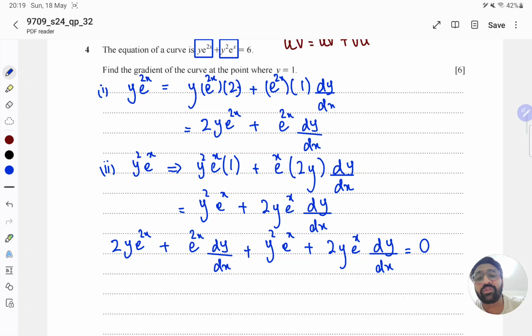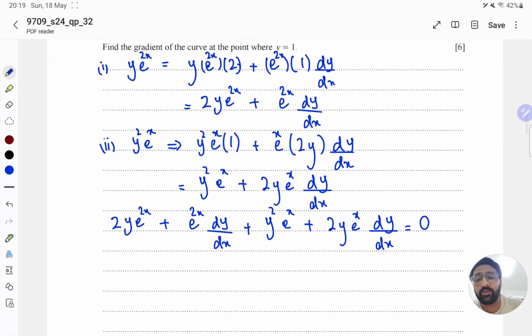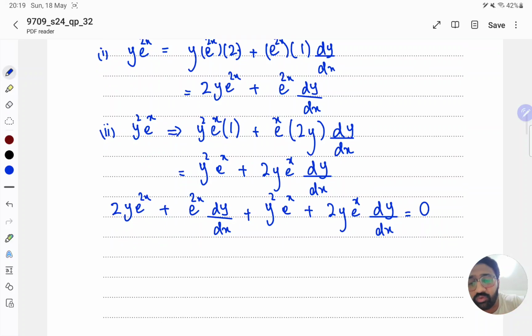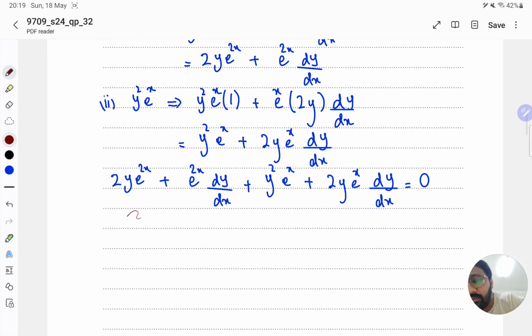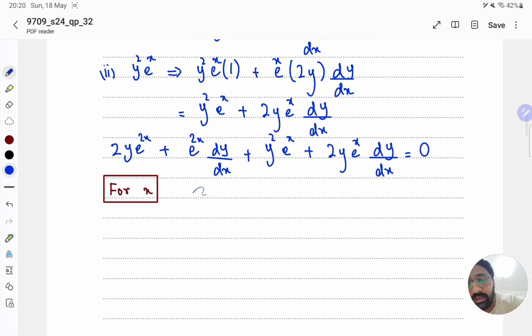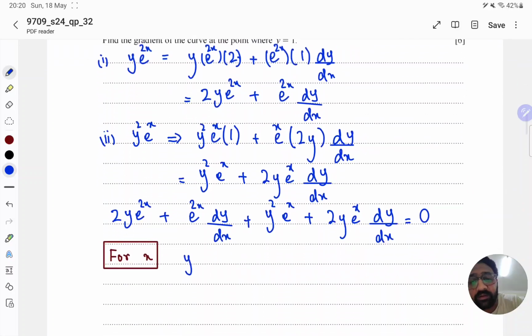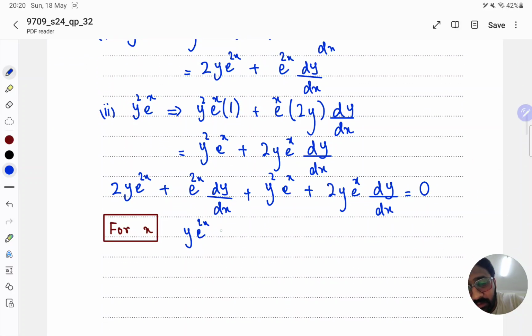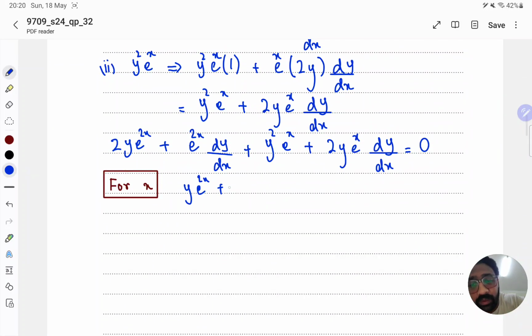So we will substitute the value of y in the actual equation that is given in the start, and we will find the value of x. Now the equation is y e raised to the power of 2x plus y square e raised to the power of x equals 6.